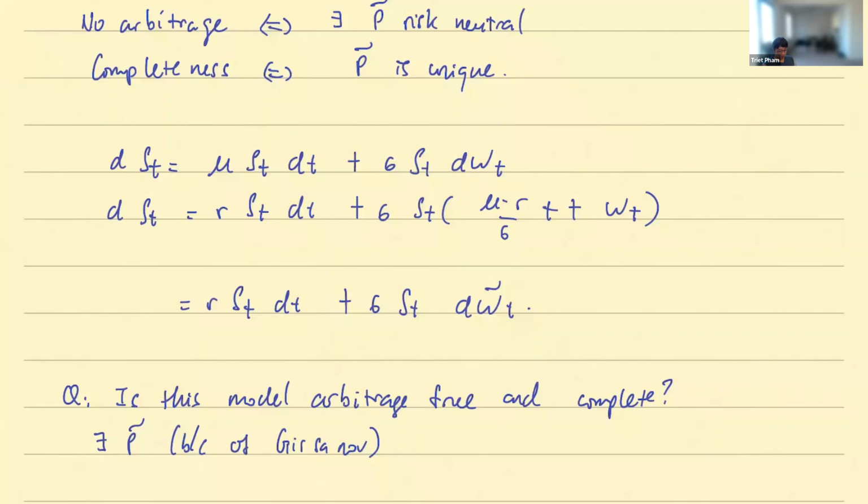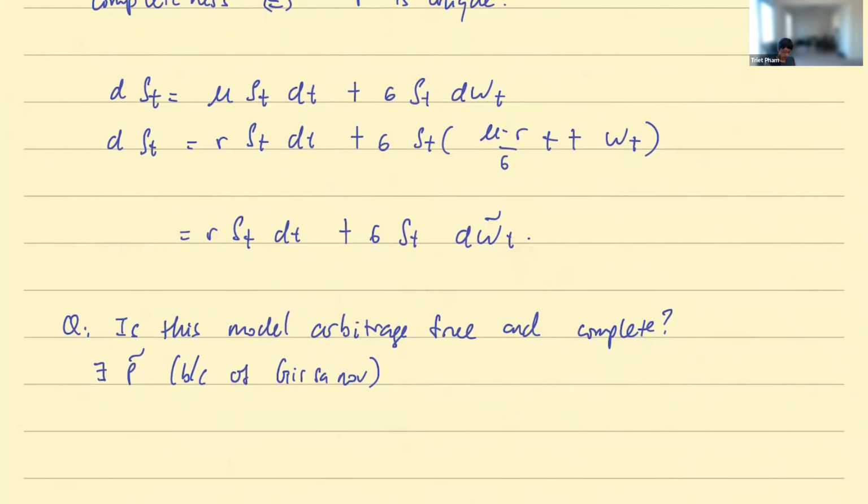Now, I guess Kareem's confusion is understandable. But then you want to go back to this model and try to think of how we convert from physical to risk neutral. In the sense that for risk neutral, we must have R here, and then that forces this to be this. In other words, is there any other way that you can come up with this model with a different W tilde?